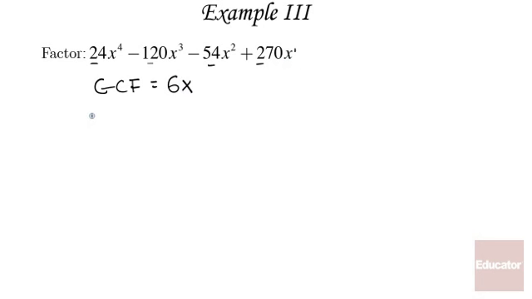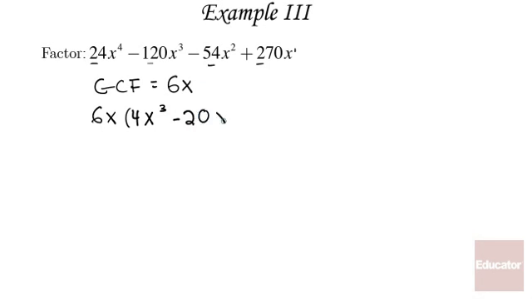Pulling out that greatest common factor, writing it outside the parentheses, it's going to leave behind 4x cubed. 6 times 4 is 24. And then x times x cubed is x to the 4th, minus 20.